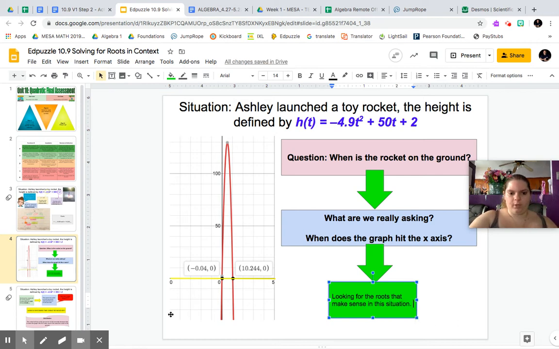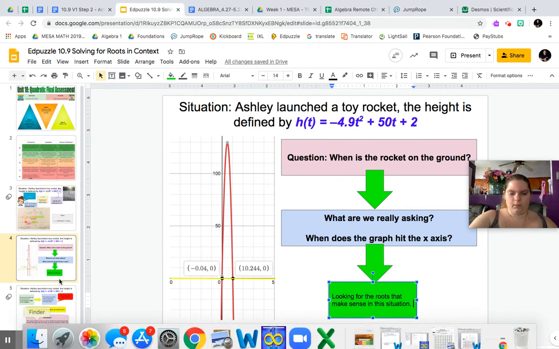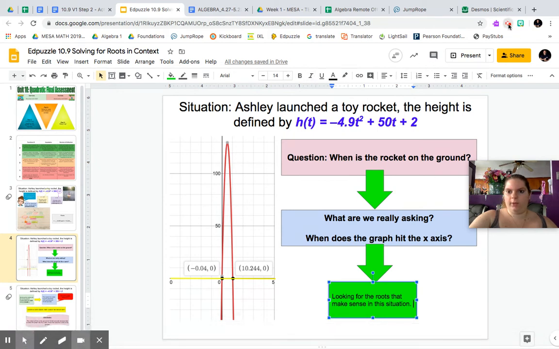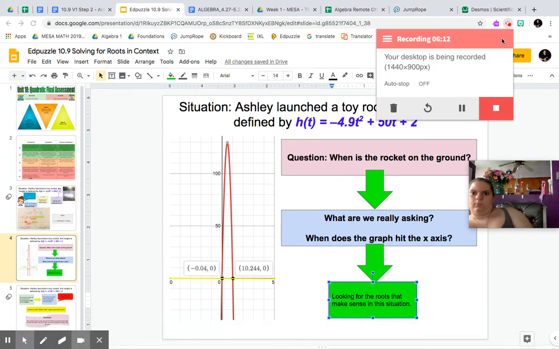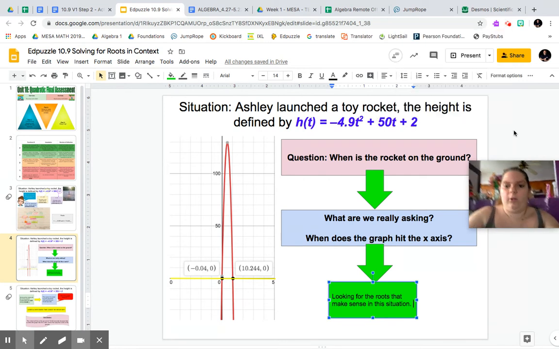All right. So again, we have the negative root and we have a positive root. And let's keep going. All right, my apologies, guys. All right, let's keep it moving. So we're looking for the roots that make sense.